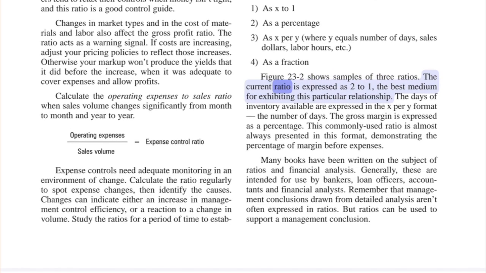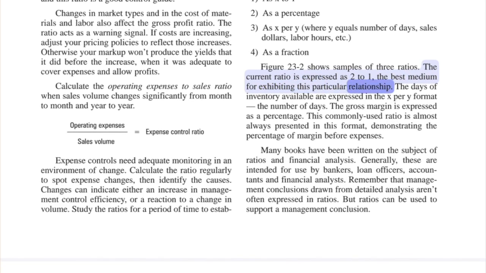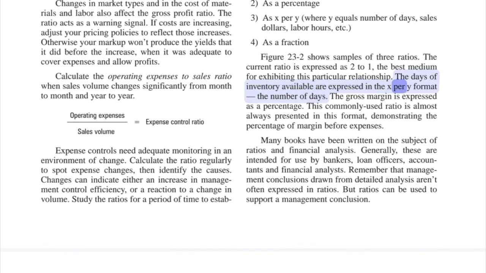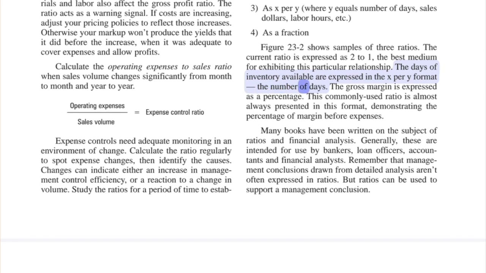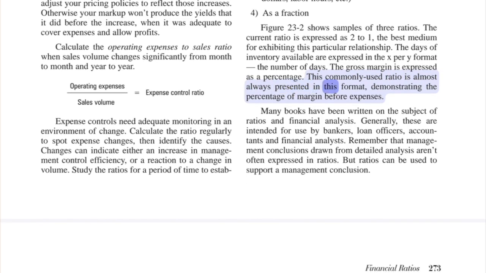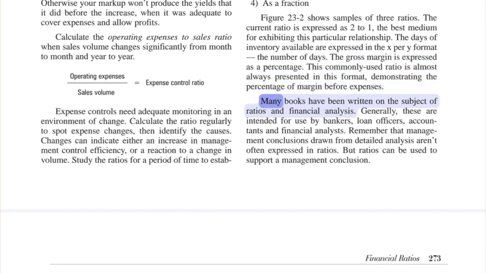The current ratio is expressed as 2 to 1, the best medium for exhibiting this particular relationship. The days of inventory available are expressed in the x per y format, the number of days. The gross margin is expressed as a percentage. This commonly used ratio is almost always presented in this format, demonstrating the percentage of margin before expenses.